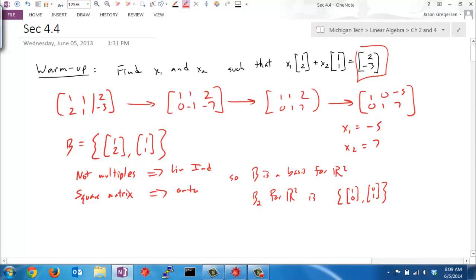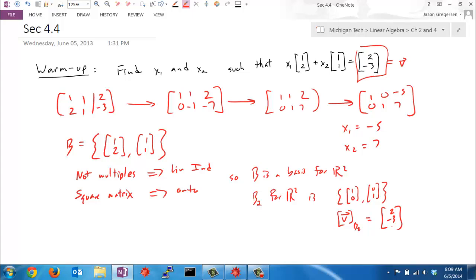So here's my vector, I'm going to call it v. Written in terms of my standard basis B2, the coordinates are (2, -3), because 2 times this vector plus -3 times this vector gets me to this position. These are basically the directions in terms of the basis.